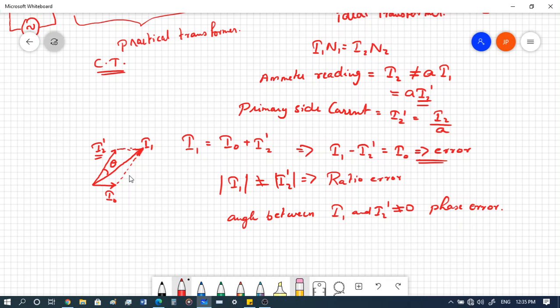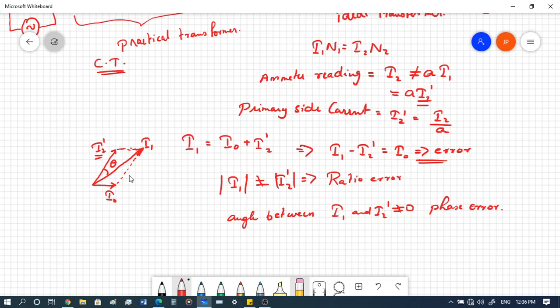Now in terms of a normal CT, where you are only measuring the current, this phase error is not relevant, because we are only concerned about the magnitude of the current. So the phase error doesn't come into play. But if you are measuring power, or energy consumption, the phase error will definitely have a significant role, because you will be using a current transformer and a potential transformer in tandem, in the same place.